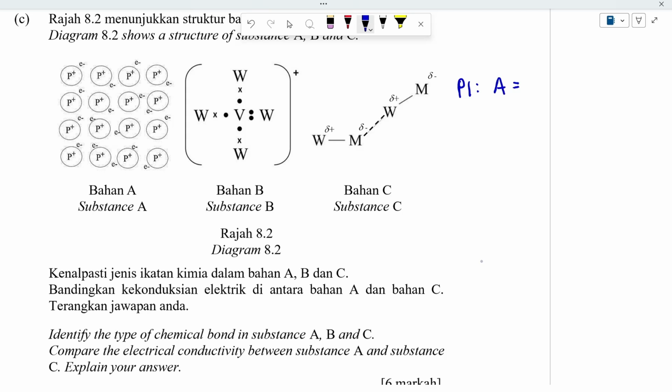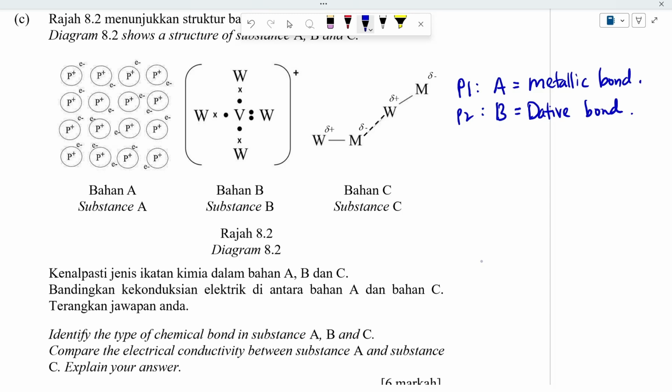Metallic bond, yes. Then point number 2, B. Yes, dative bond.